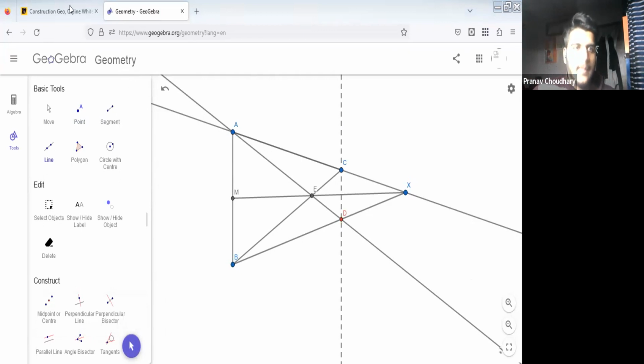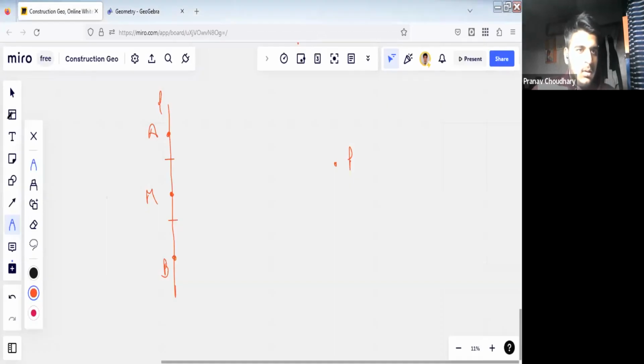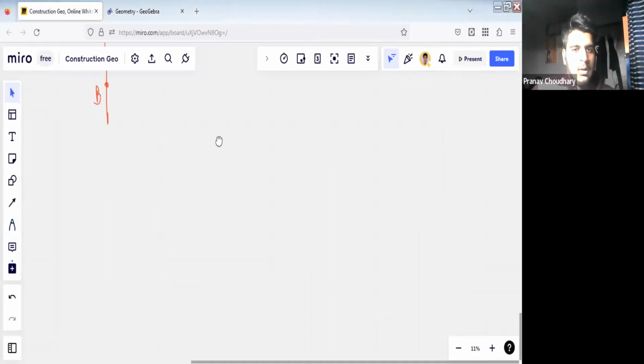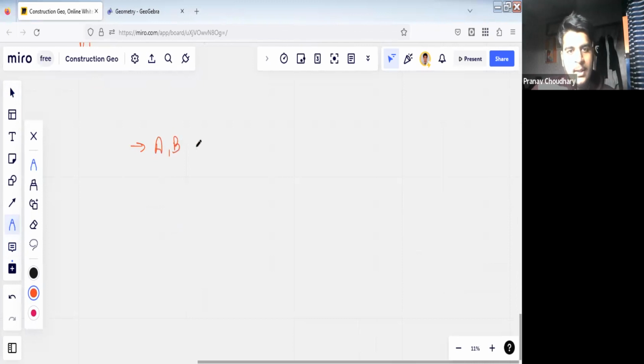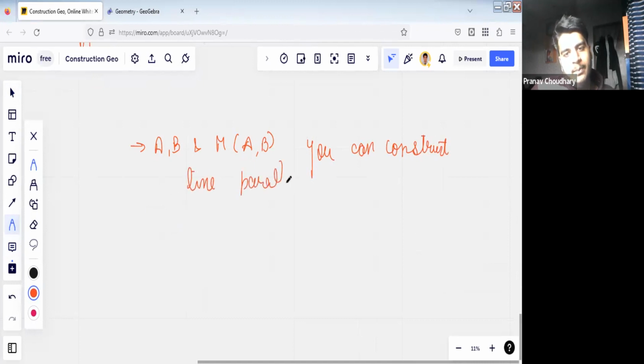Yes, it's clear. Okay. So what do we have? You have AB and the midpoint of AB is marked. Then you can construct a line parallel to AB.